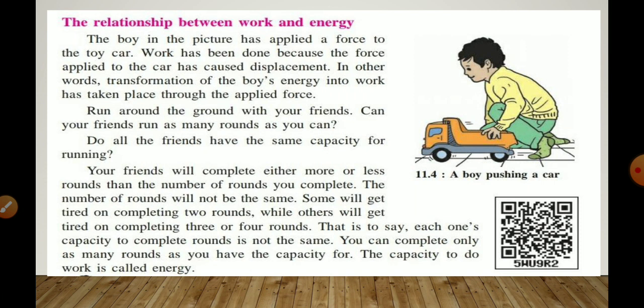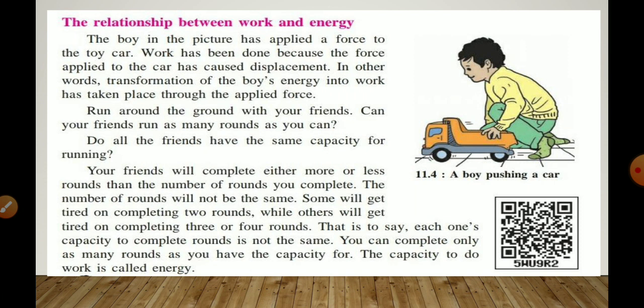He is applying force on the car so that the car moves. That movement is called displacement. In other words, transformation of the boy's energy into work has taken place through the applied force. The boy is applying his energy to push the car.